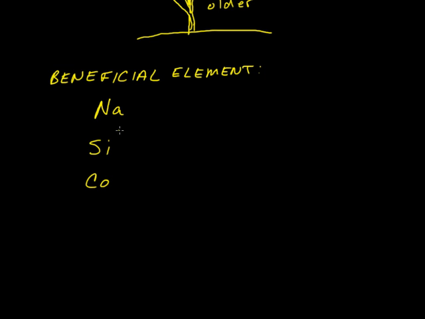We'll talk about sodium first. Sodium in some plants, particularly plants that are native to aquatic environments, can sometimes be substituted for potassium in osmoregulation. In other words, controlling the opening and closing of their guard cells. And silica is probably a better example to talk about in that silica is used by many plant species as a structural enhancer.